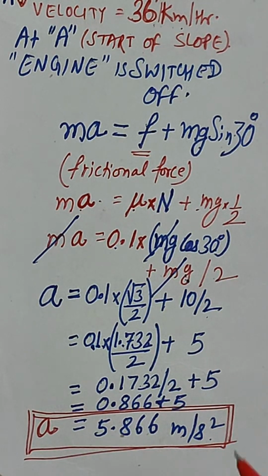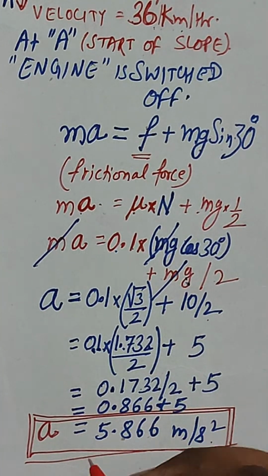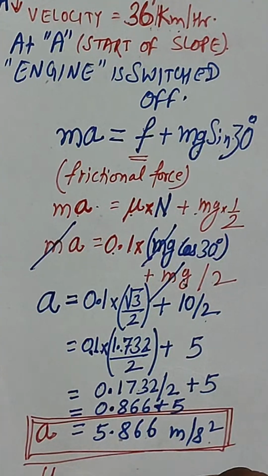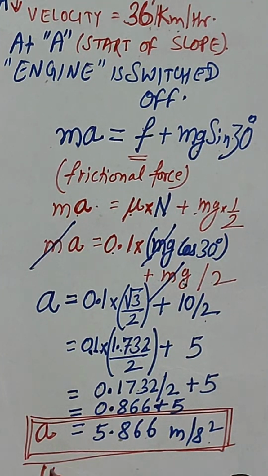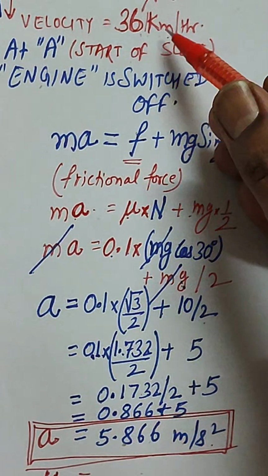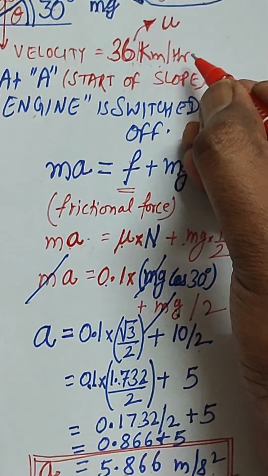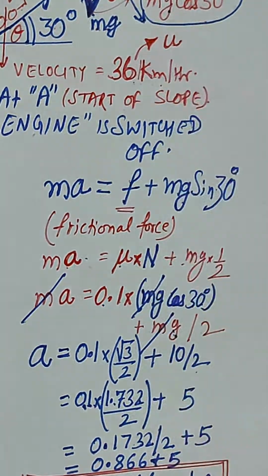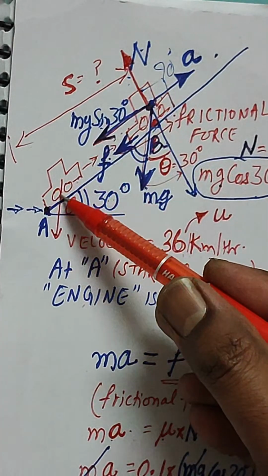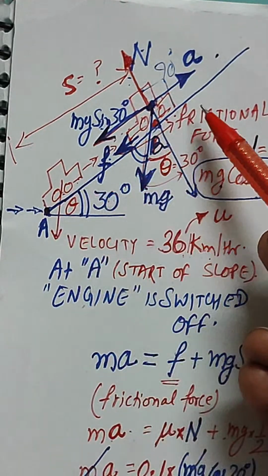Now here we have certain values with us. What are the values with us? We have the value of u, that is the initial velocity, that is 36 kilometer per hour. You can see we have mentioned it's u, right? Because this is the starting velocity when the movement on this slope started.